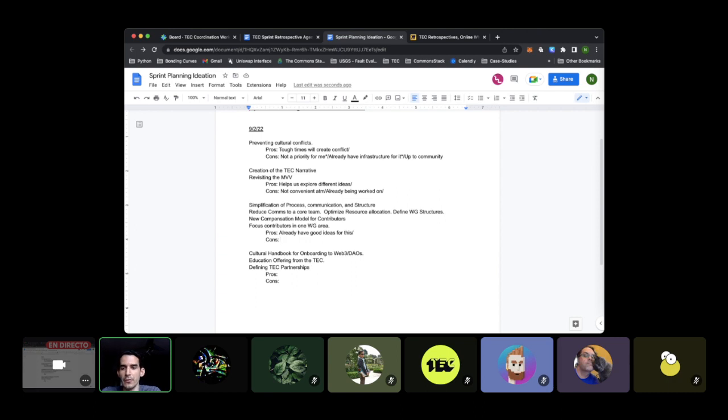And if we solve it for ourselves, we can provide that service to other DAOs, and it can generate income, right? So the challenges that we have, if we solve them or progress on them, we can sell that knowledge, or use that knowledge to derive income.